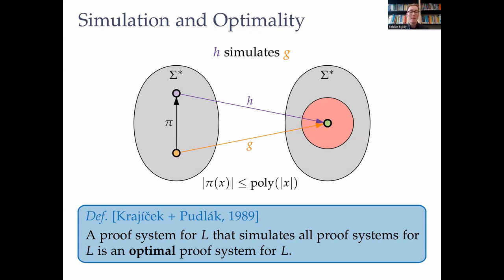For example, we know of connections to the existence of complete sets for so-called promise classes, or we know of connections to mathematical logic where we can characterize finite versions of Gödel's incompleteness theorems using optimal proof systems. There are connections to the existence of optimal algorithms for problems, to descriptive complexity, learning theory, and much more. So there are plenty of reasons to study optimal proof systems.